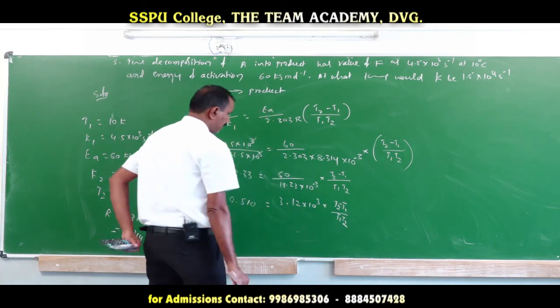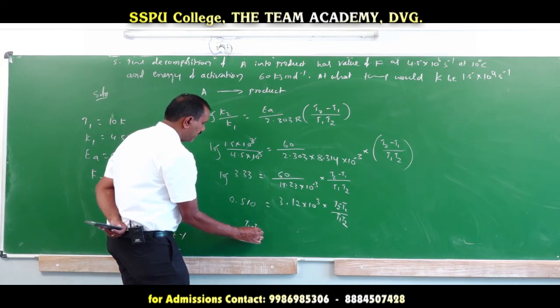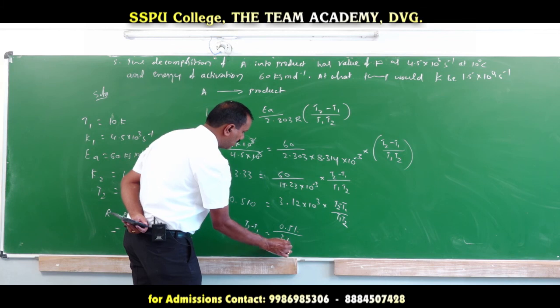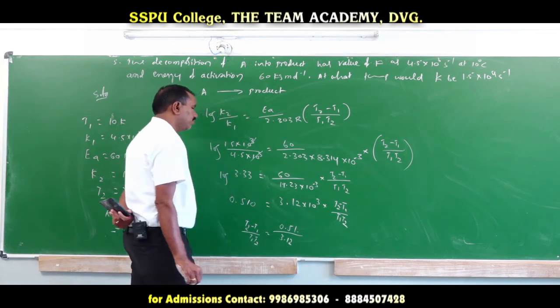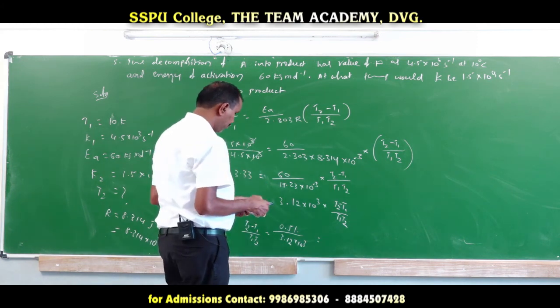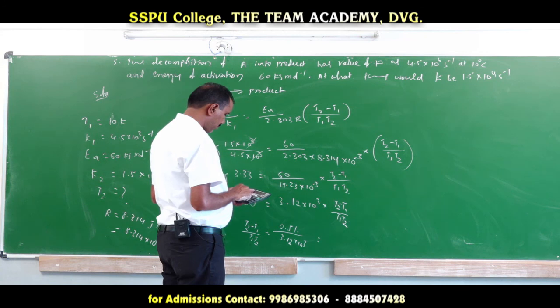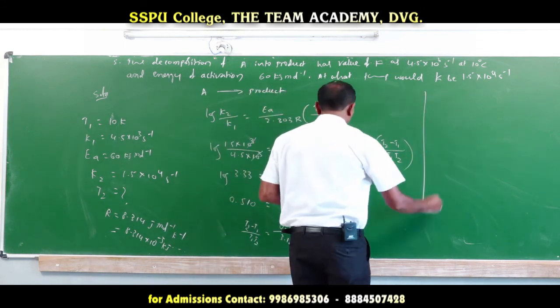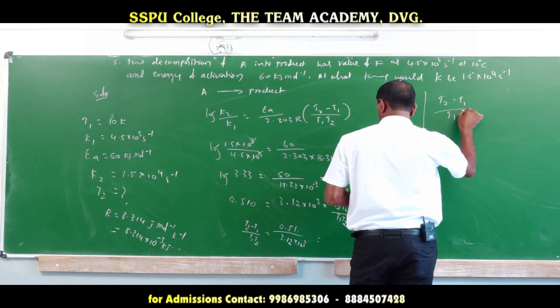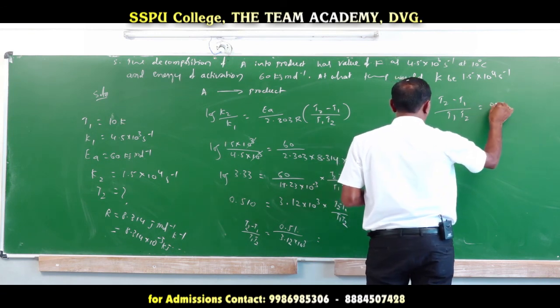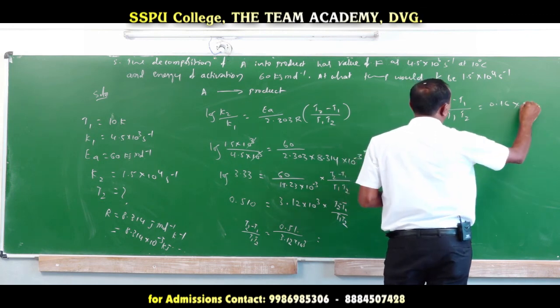Yes. T2 minus T1 divided by T1 T2 equals 0.51 divided by 3.12 into 10 to the power of 3, that is 0.163 into 10 to the power of minus 3.